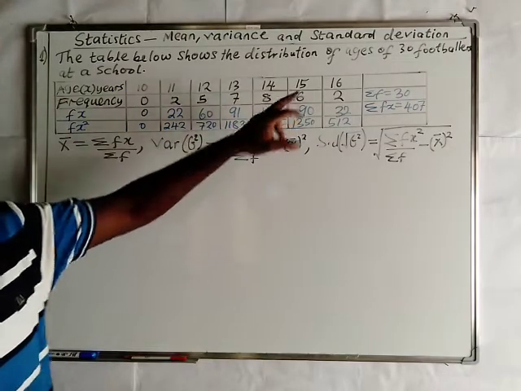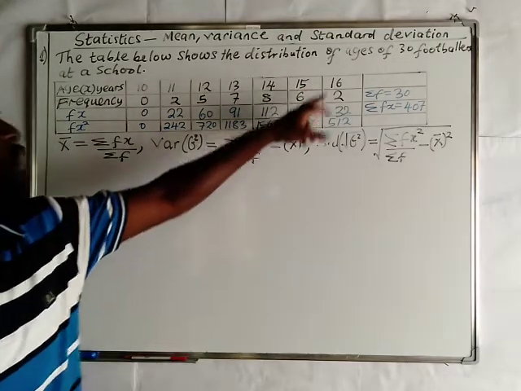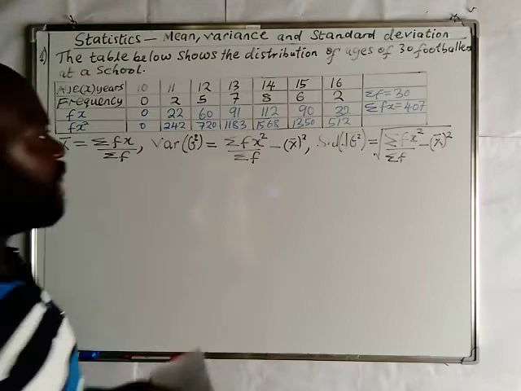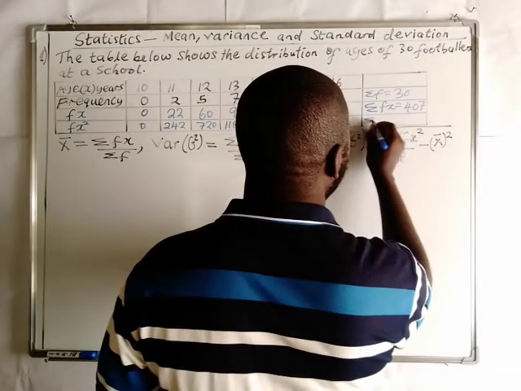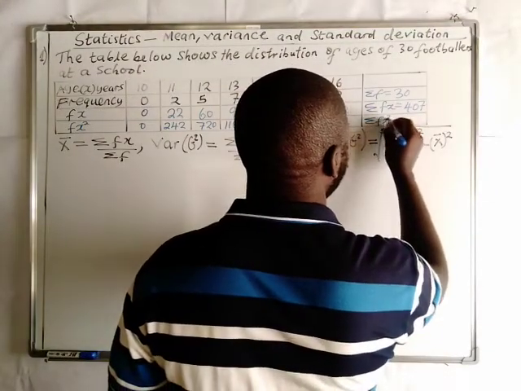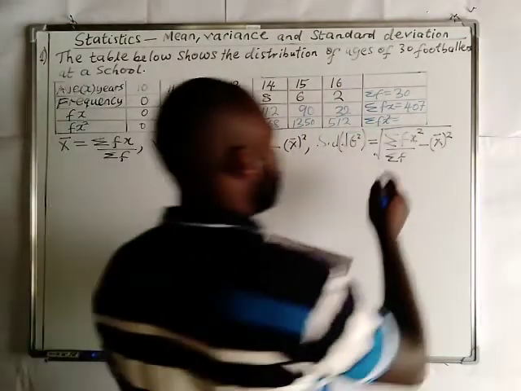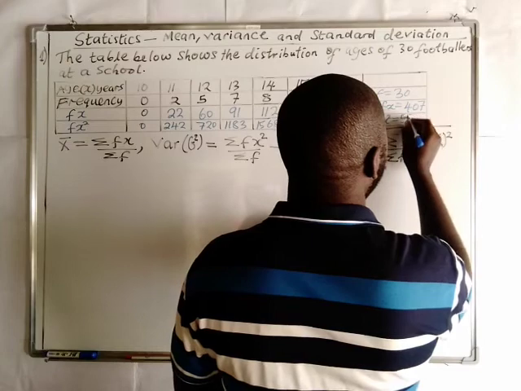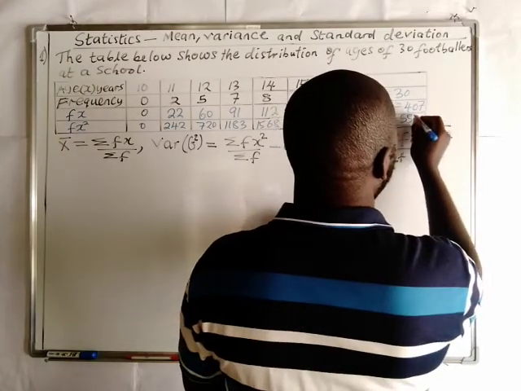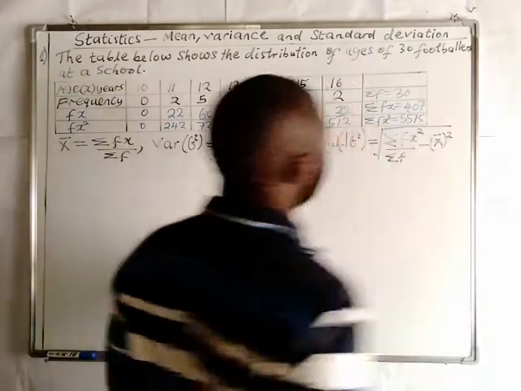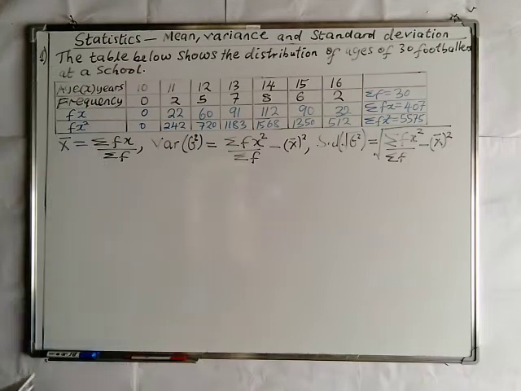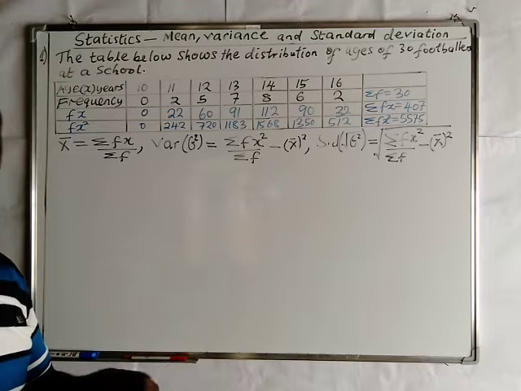And the total of these, called sigma fx square, is 5575. So that is the information that will help us get whatever we are looking for.